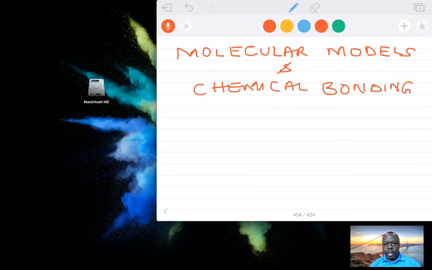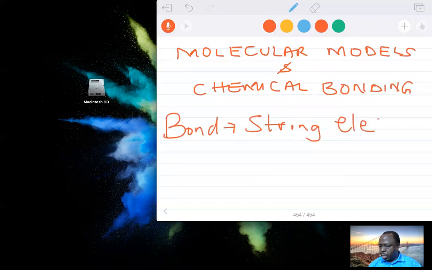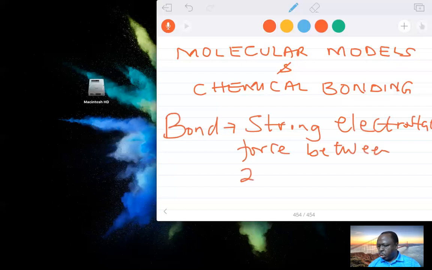It is defined as a strong electrostatic force between two or more atoms. This is how you define a chemical bond.